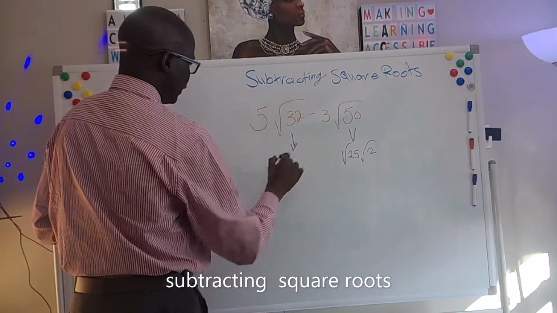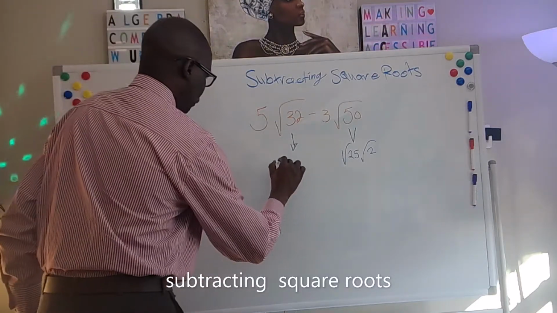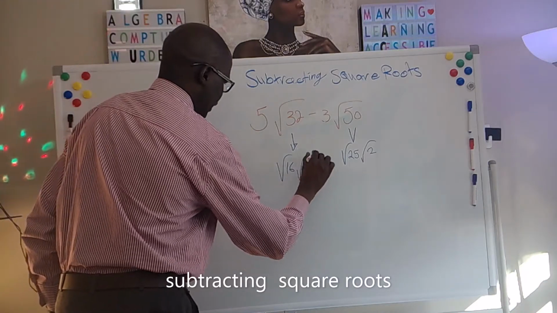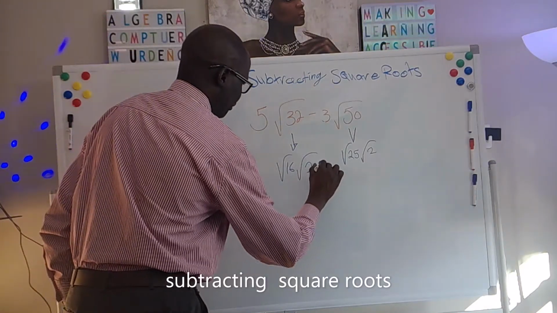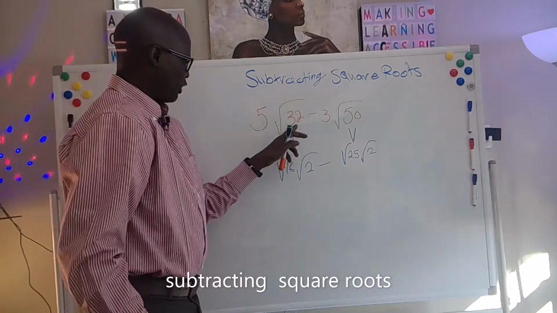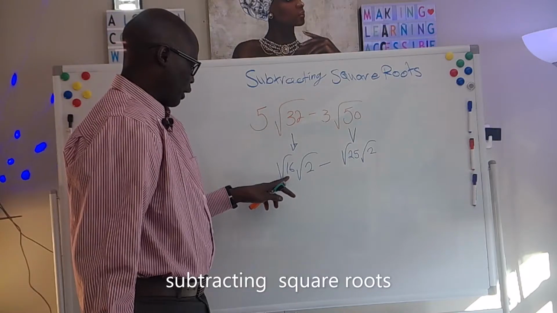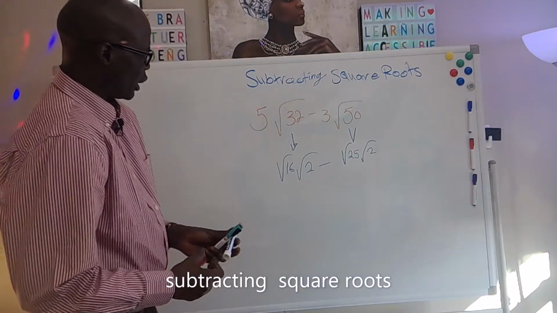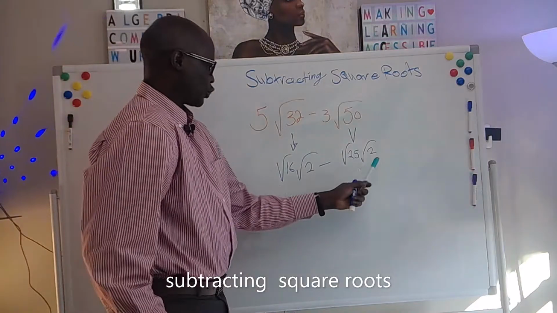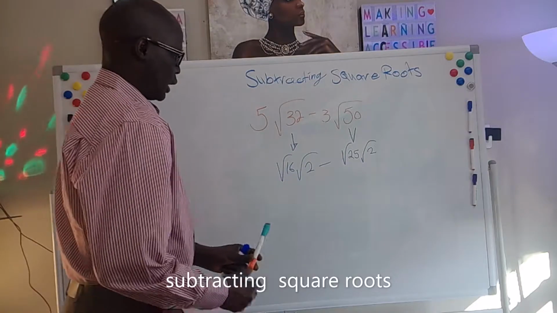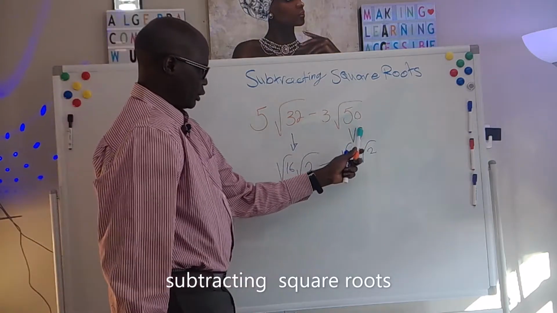And 32 is the square root of 16 times 2. And that's how you solve it when you have a square root and the number is not a perfect square, as you can see here.